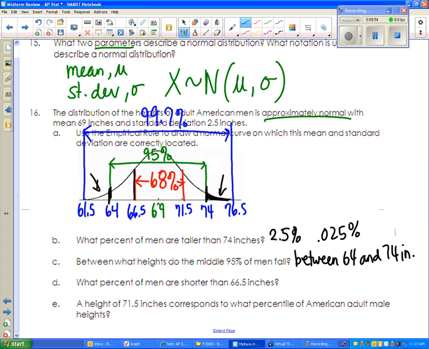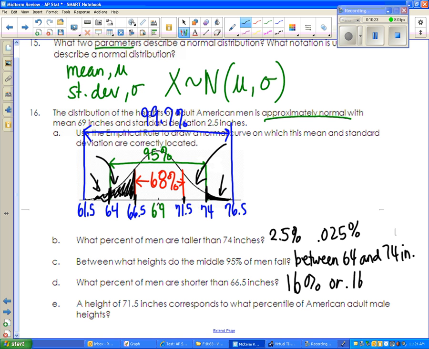So now I'm looking at this tail here, and notice that it matches along with that 68%. So with the 68%, I know that 32% of my data is going to be on the tails beyond the 68%. And if I'm just looking at the lower tail, I'm going to cut that 32% in half, and it should be 16%, or 0.16.